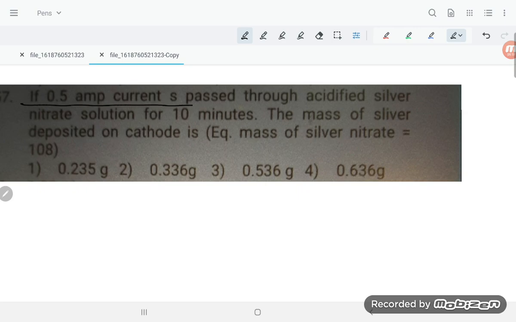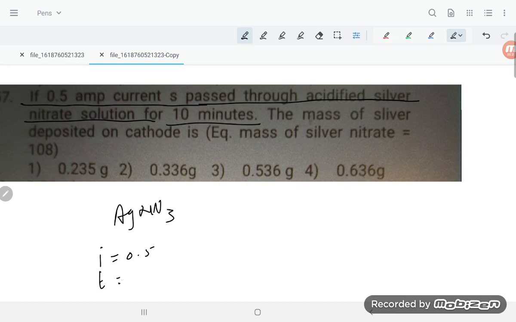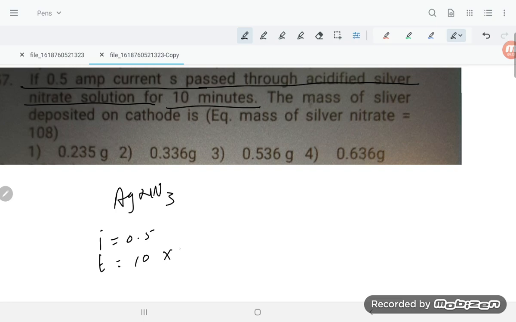If 0.5 ampere current is passed through an acidified silver nitrate, AgNO3 solution, how much? I is equal to 0.5 ampere, they are saying. Time they have given is 10 minutes, means 60 seconds. The mass of silver deposited, so W of Ag, how can you calculate?